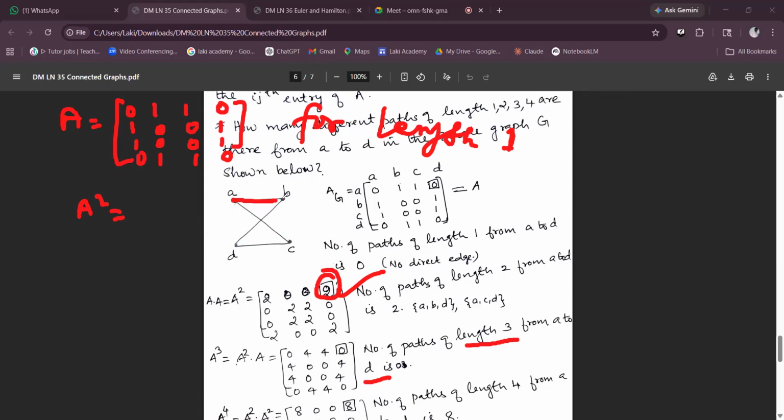You can go in two steps, but you cannot go in three steps. Because when you go to C, you have to return to D in four steps. That's why here four is there. In three steps, you cannot cover.